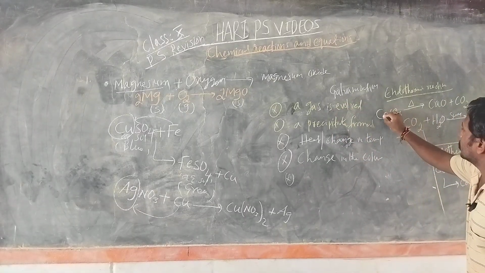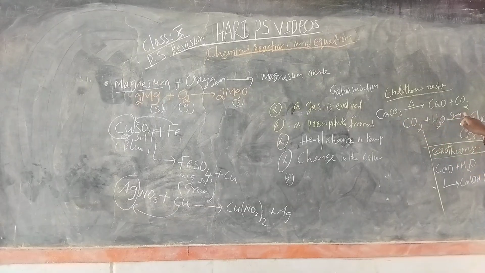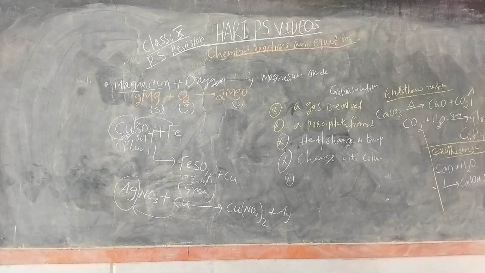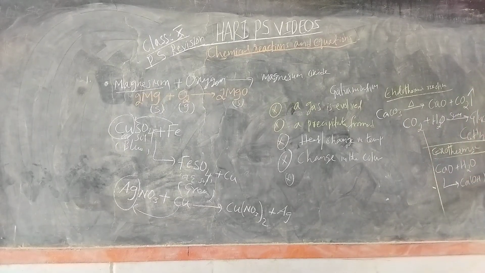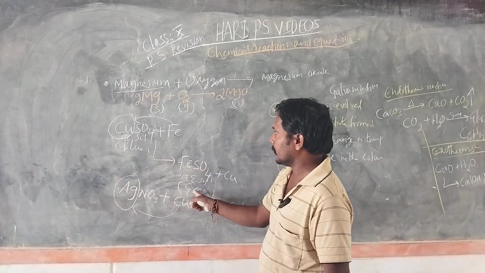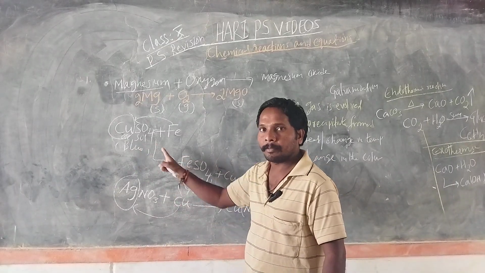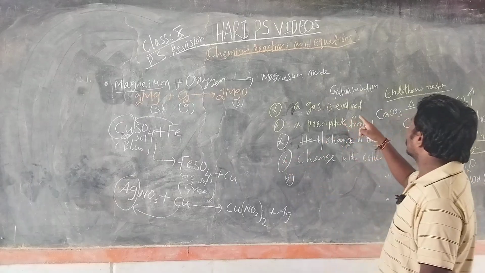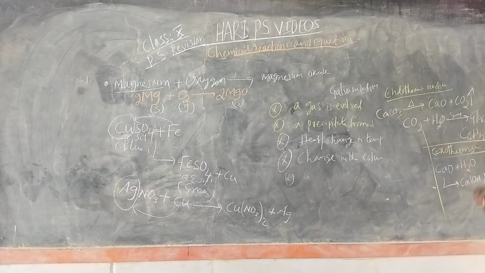Here, when we heat, carbon dioxide gas is emitted. Here, heat energy is produced. Here, blue color changes into green. Here, color change, chemical reaction happening. Here, gas evolved, chemical reaction happening.